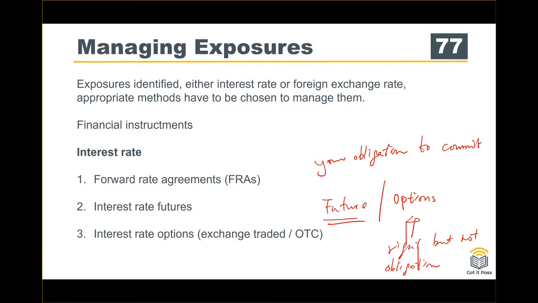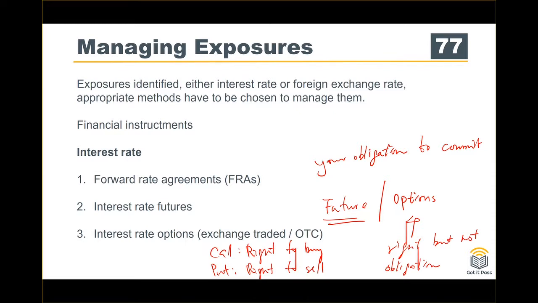So the option is the contract that gives the right to buy. For example, call option is the right to buy an asset, and put option is the right to sell interest rate futures.